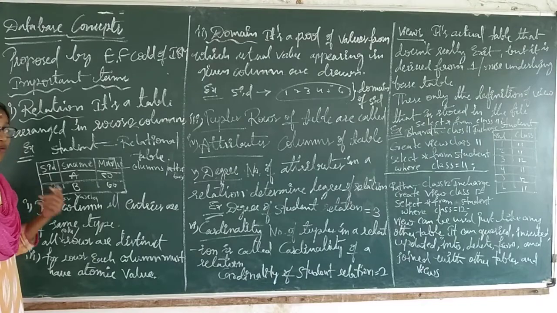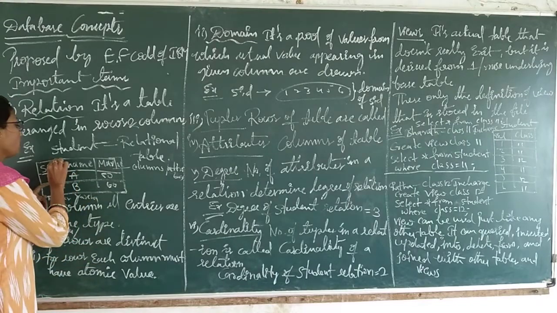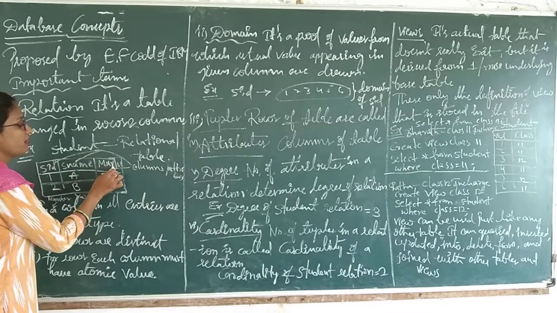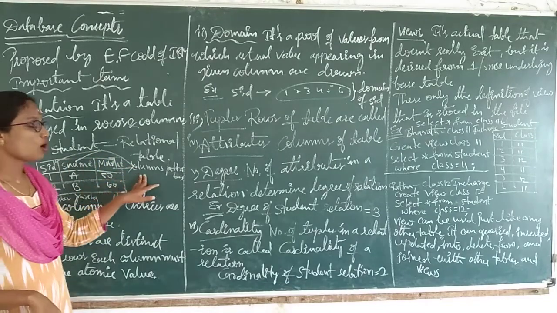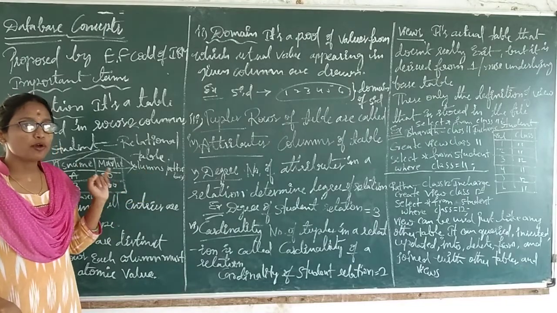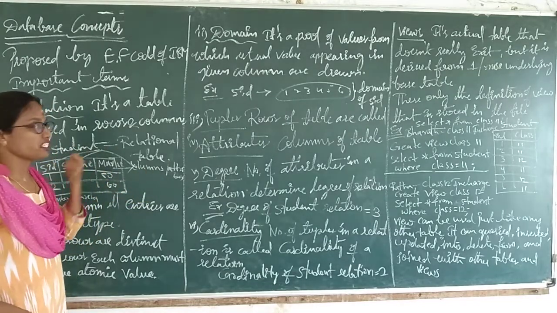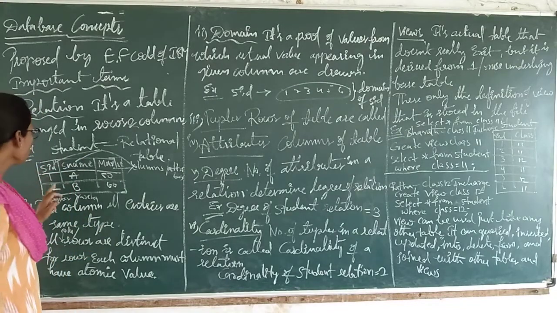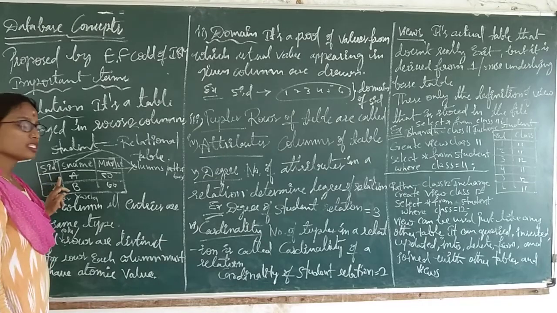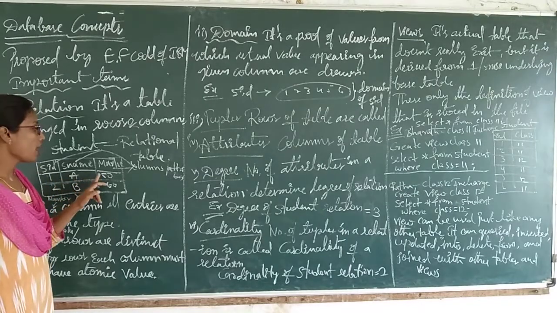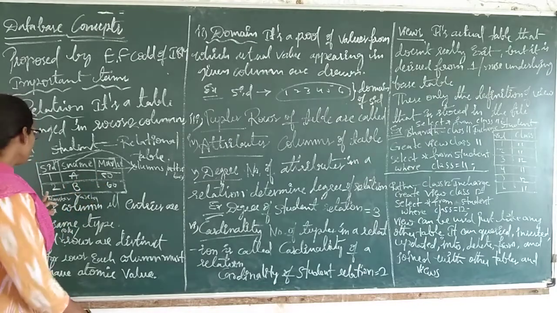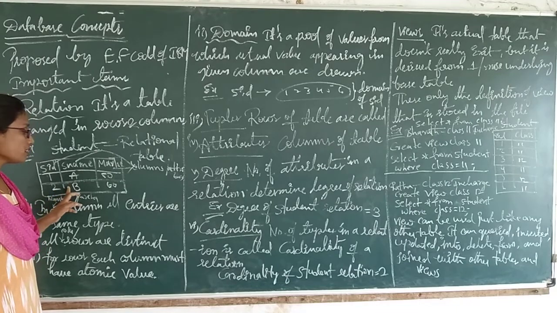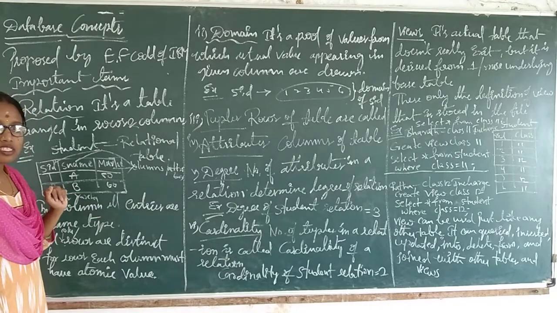And next, where are the rows? Here you don't get confused. These SID, SName and marks, these three are columns or attributes of this student relational table. And here we have the rows. One row has student ID 1, student name A and marks 50. The next has SID 2, SName B, marks 60.